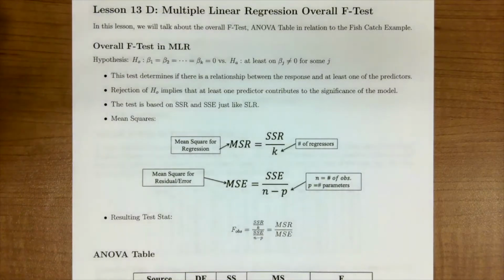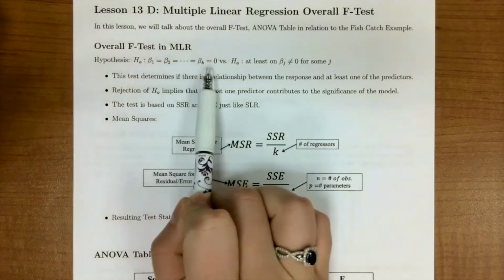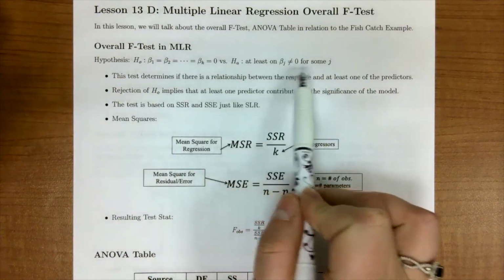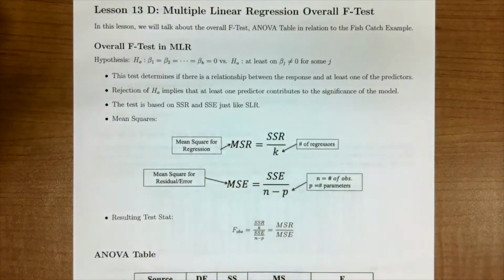Our hypotheses are testing whether the betas are equal to 0, that is, no covariates have an impact, or at least one of the covariates is going to have an impact on the response.